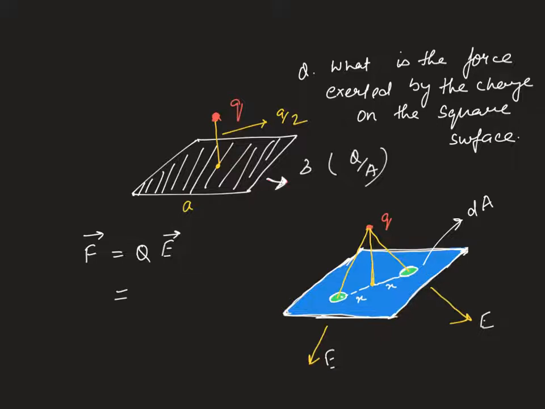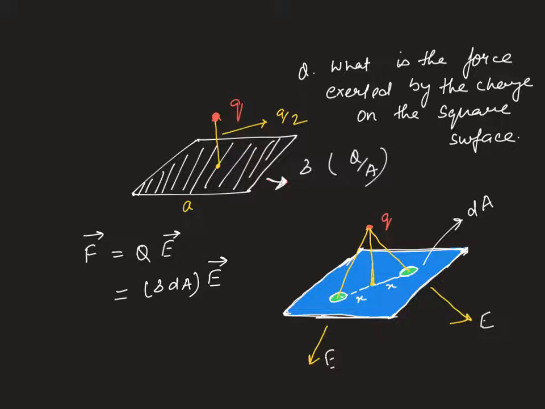Now, what I am trying to do here is find the field due to charge q, and then multiply this with this green charge here. The entire square surface is filled with charge, which is why the surface charge density is sigma. So what is the q of the green charge? The q of the green charge is sigma into small area, that is dA. And then we have the field, and this is the force.